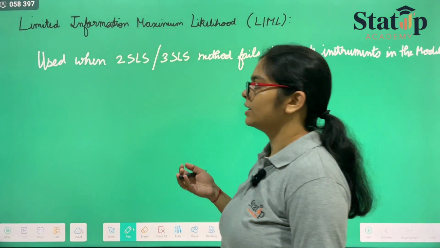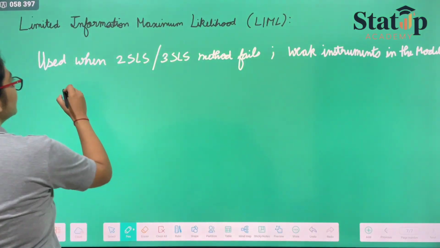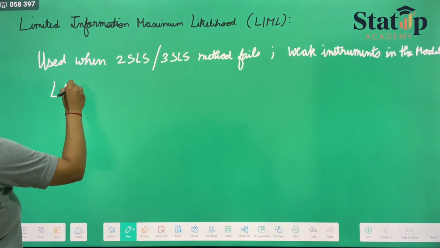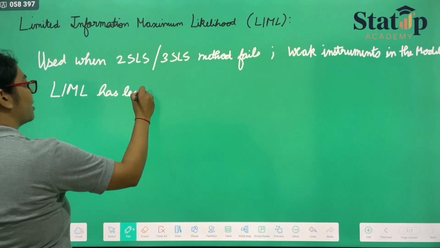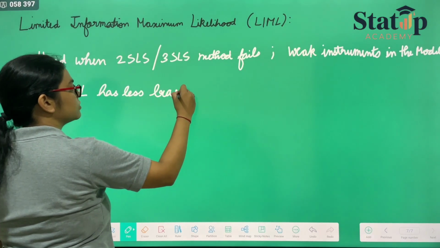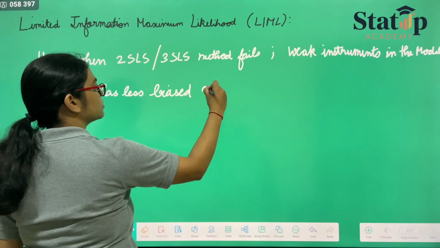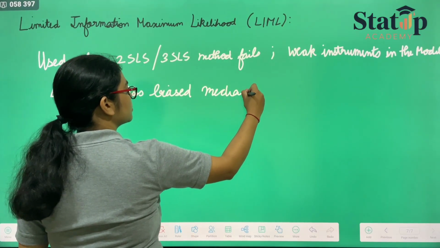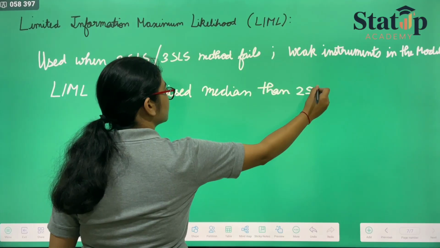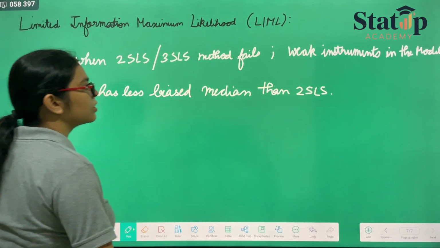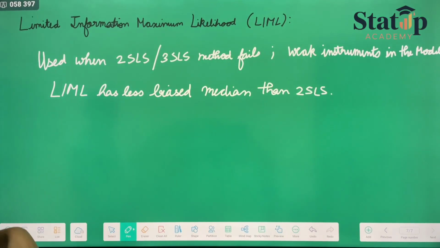And when there is weak instrument, which means that this LIML has less biased median than 2 SLS. When there is weak instrument in the model, then LIML has less biased median than 2 SLS.